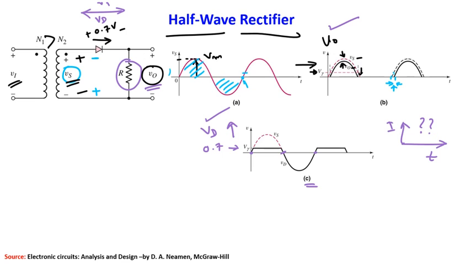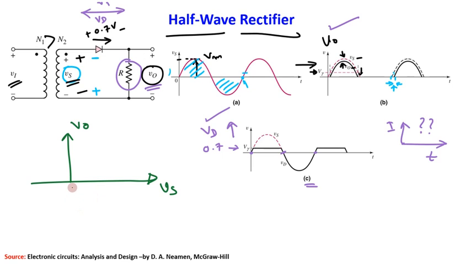Okay, now let me ask you one more question here. Suppose I want to plot this thing, V output versus V supply voltage. Please tell me how this V output versus V supply voltage signal will look like. Yes, please tell me.